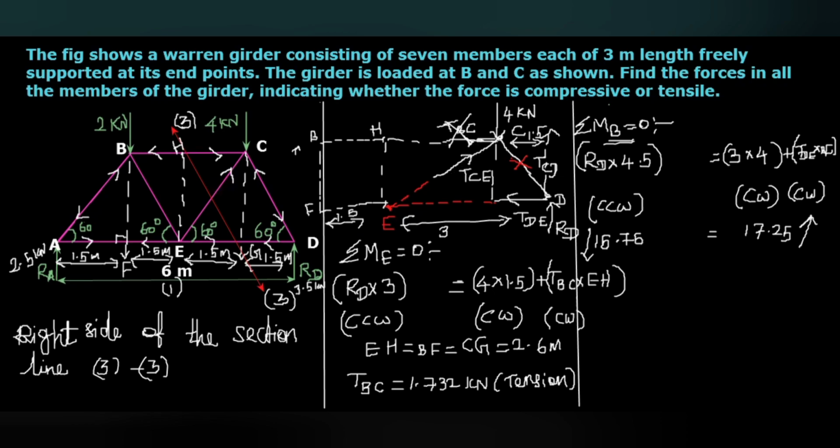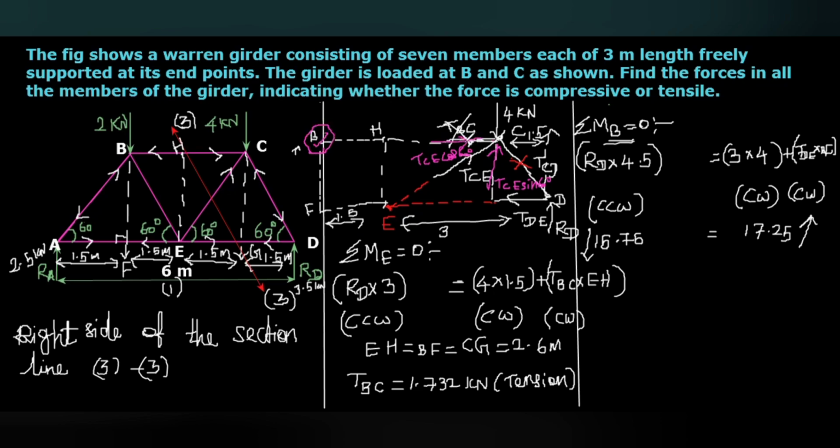Then the resolved components. For understanding, I just put in different color. This will be TCE sin 60 degree, and this will be TCE cos 60 degree. But the TCE cos 60 degree passes through B. Here we are taking moment about B only.